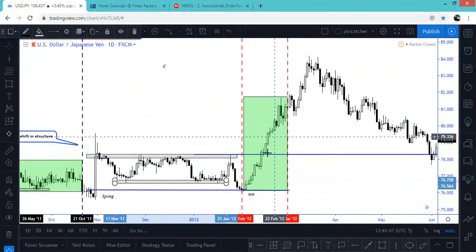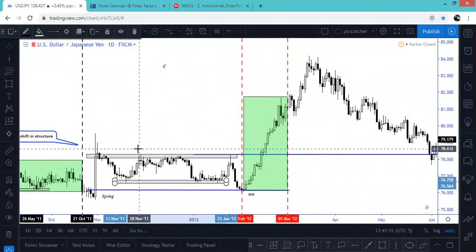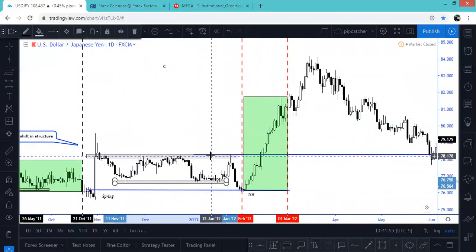Now, when this monthly breakout occurred, we ask ourselves, did it break the previous high or low after hitting the stop losses?